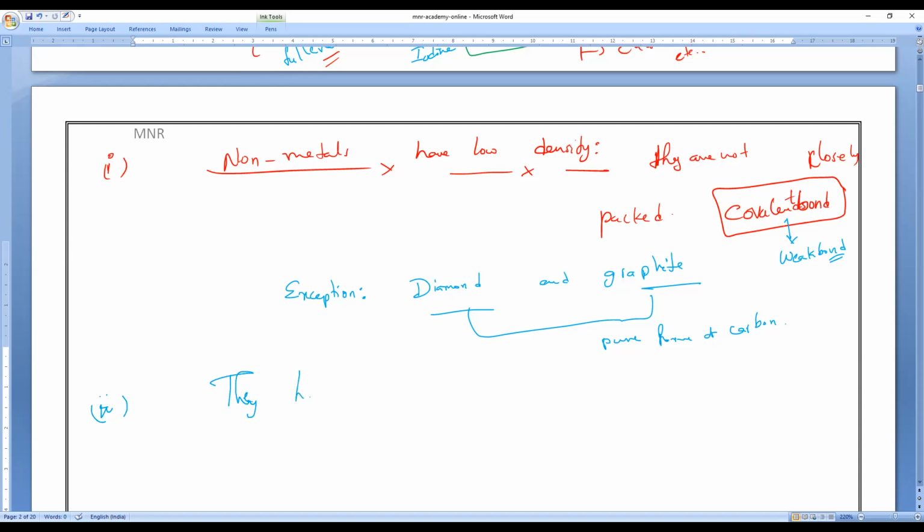Commonly, they have low boiling and melting points. All the metals have extremely high boiling and melting points, but non-metals have very, very low boiling points. So again, what is the reason? Anybody can tell?